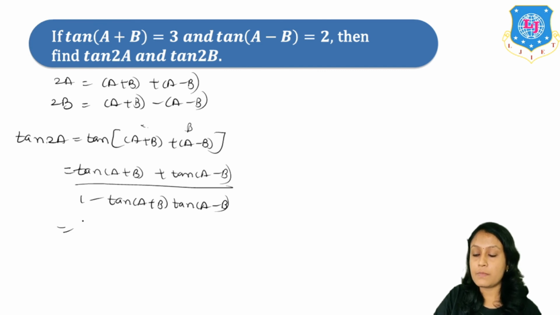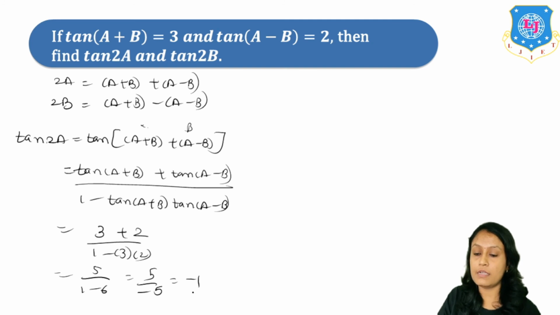Now substitute the values of tan a plus b and tan a minus b, so you will get 3 plus 2 upon 1 minus 3 into 2. This is 5, and here we have 1 minus 6, so 5 upon minus 5, so the final answer is minus 1.